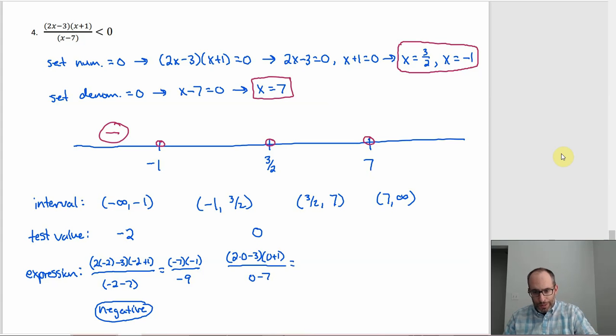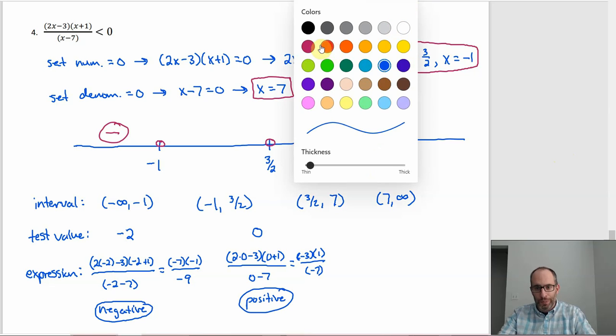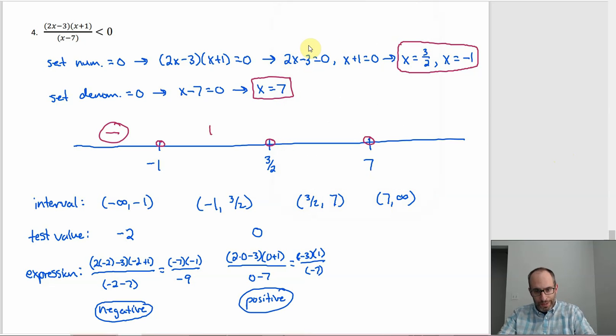So that's going to be negative 3 times 1 over negative 7. That's a negative over negative, so that's a positive. All right, so then that means we're going to get a plus in there between negative 1 and 3 halves.